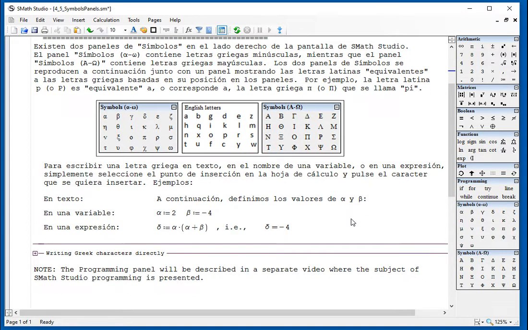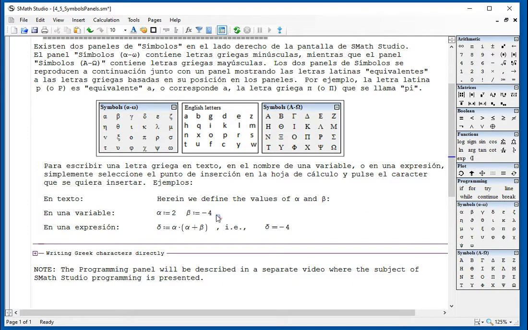For example, you can type those letters in text. If I do here a double quote and start typing something like, herein we define the values of, and I want to put alpha, so I can go here and put alpha, spacebar, and beta, and a colon, for example.